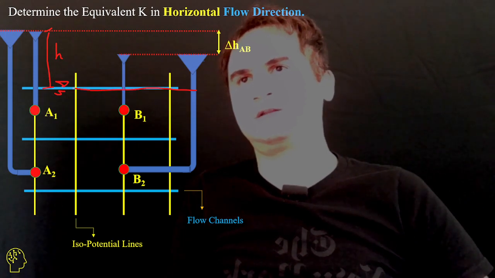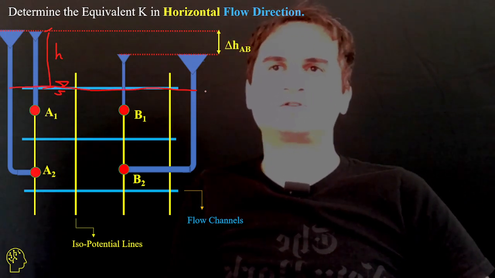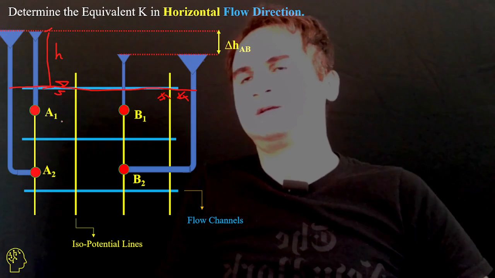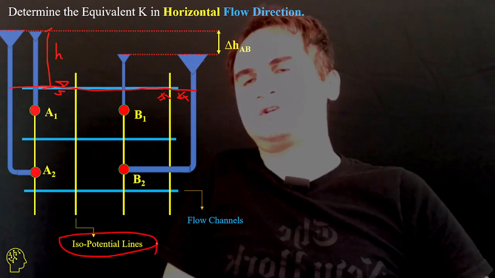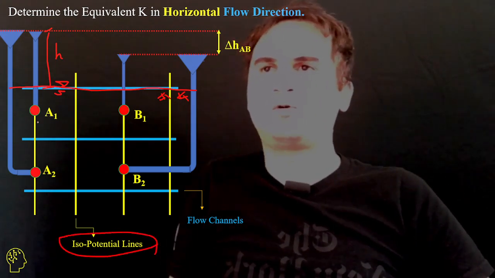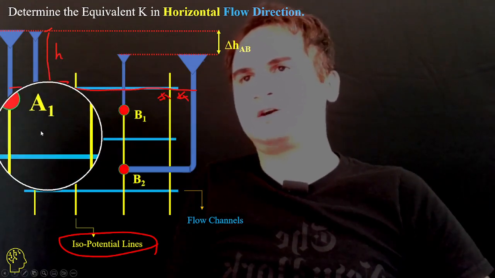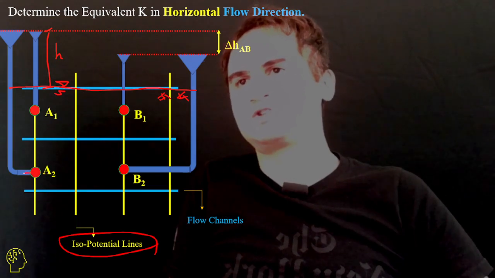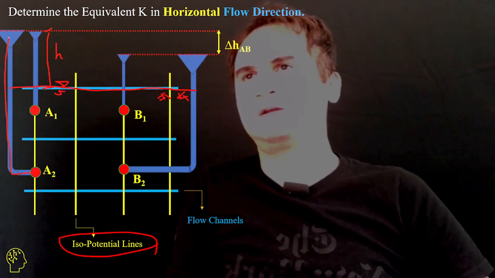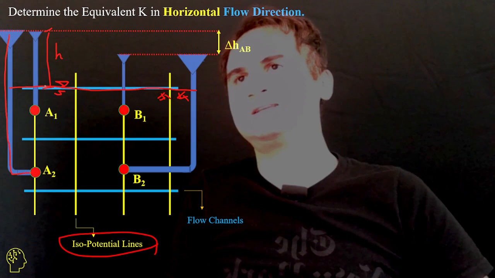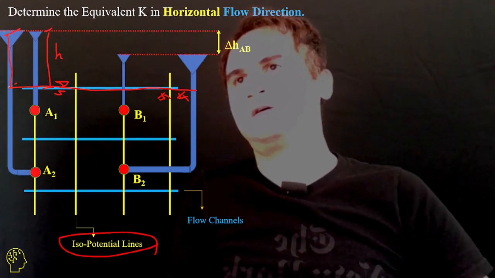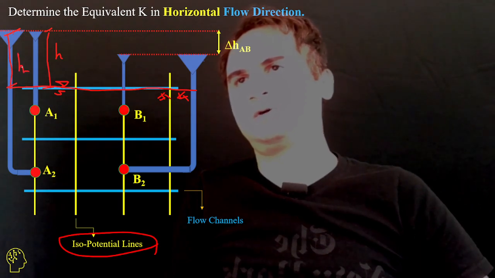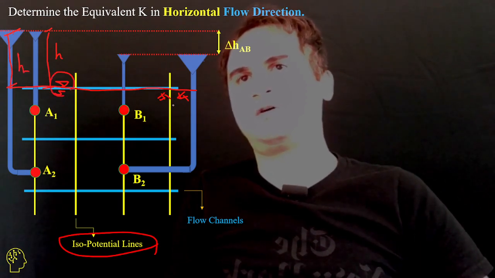An isopotential line means every point on this line should have the same amount of water head. So if we have a piezometer measuring the head of water, you can easily see it has the same amount of total head, based off our reference or base.